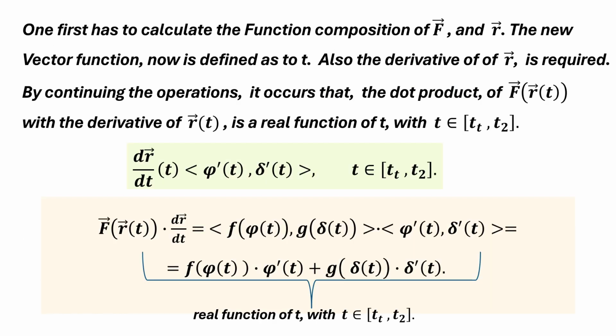One first has to calculate the function composition of F and r. The new vector function is now defined as to t. Also, the derivative of r is required. By continuing the operations, it occurs that the dot product of F of r of t with the derivative of r of t is a real function of t, with t between t1 and t2.